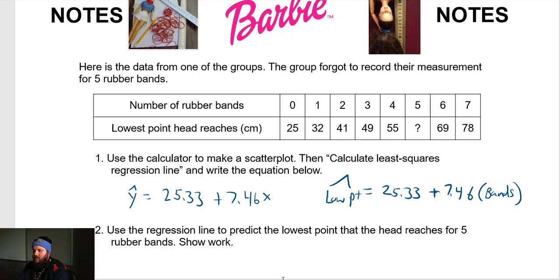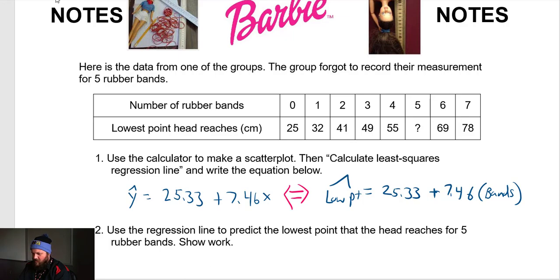It's almost the same thing. I just want to show you that is what that means. So our response variable is the low point. What's explaining that is our rubber bands, okay?